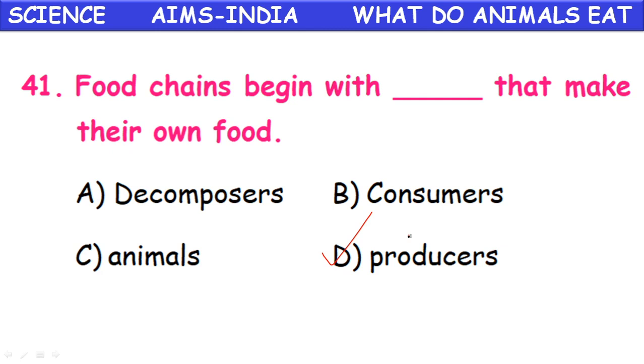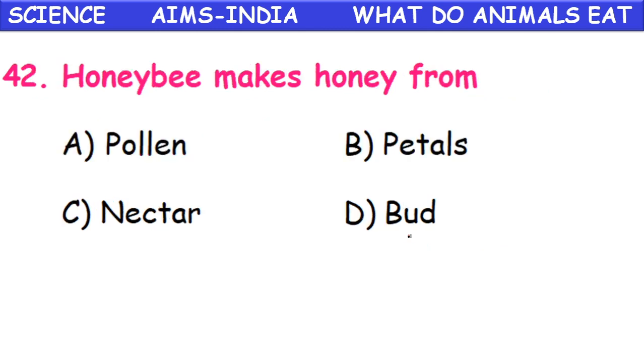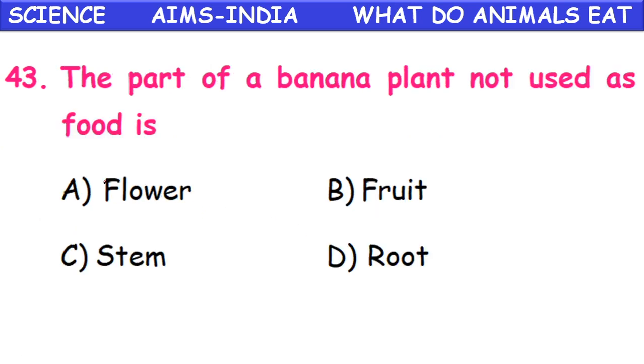Okay, food chain begins with green plants, they are called producers. Honeybee makes honey from pollen, petals, nectar, bud. Which part of the flower is honey made from? Nectar. Okay. The part of banana plant not used as food is flower, fruit, stem, root. We won't use the root.